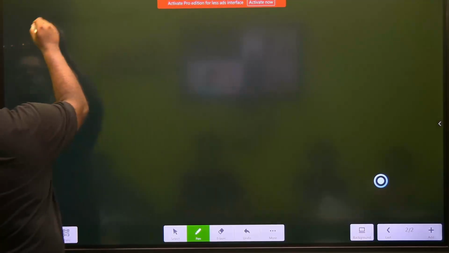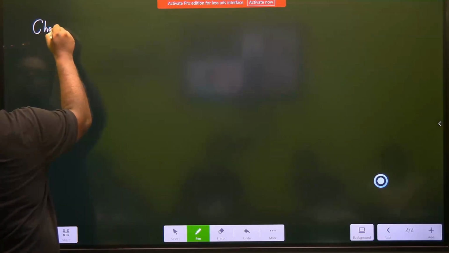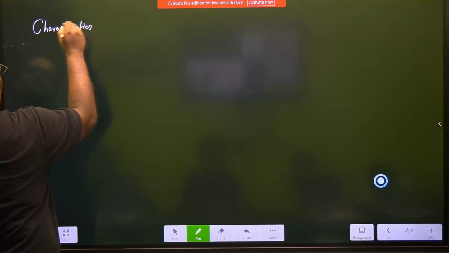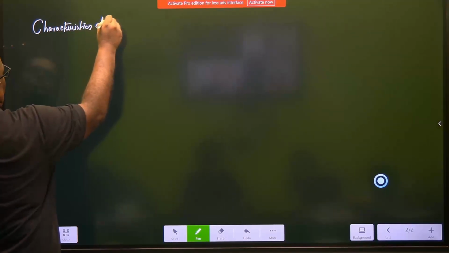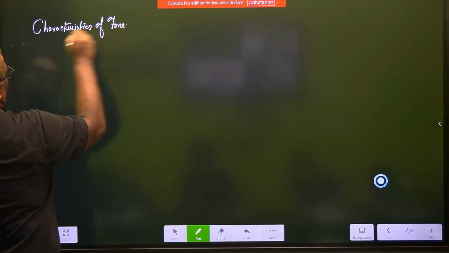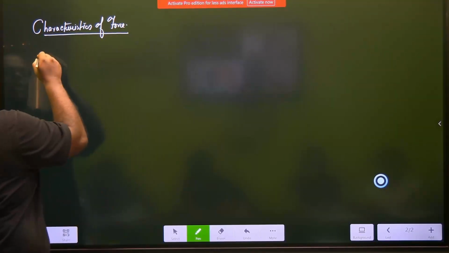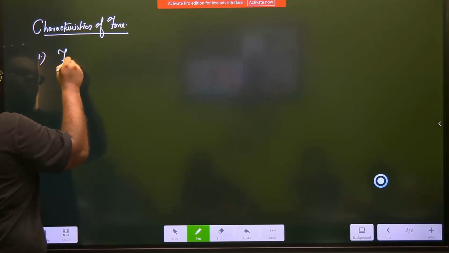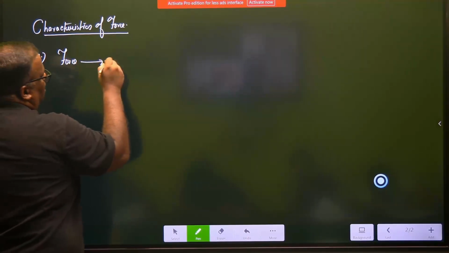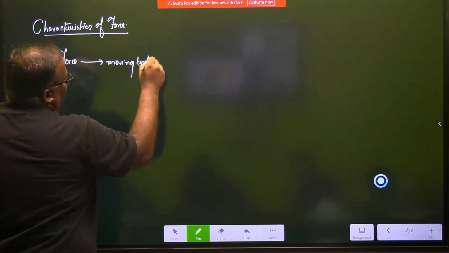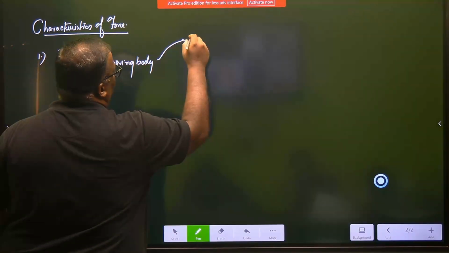Then we also studied something called characteristics of force. What were the characteristics of force? Number one, if you apply a force to a moving body, then what can you do?